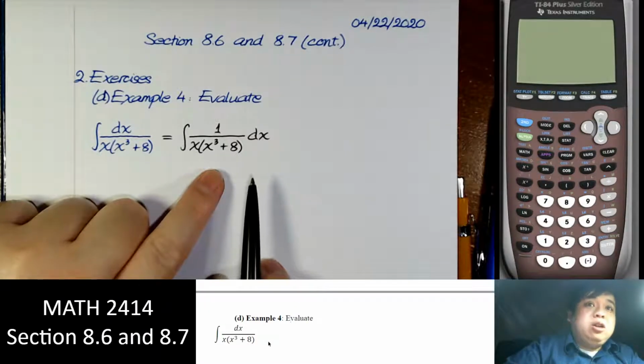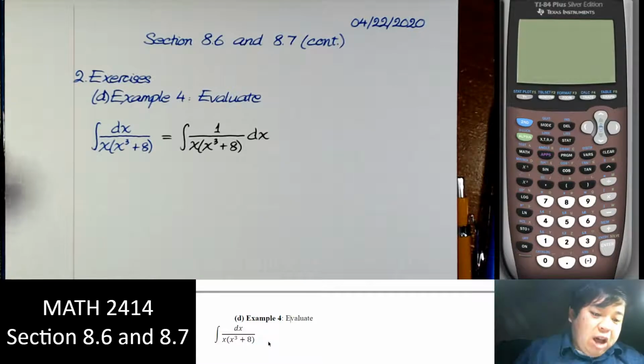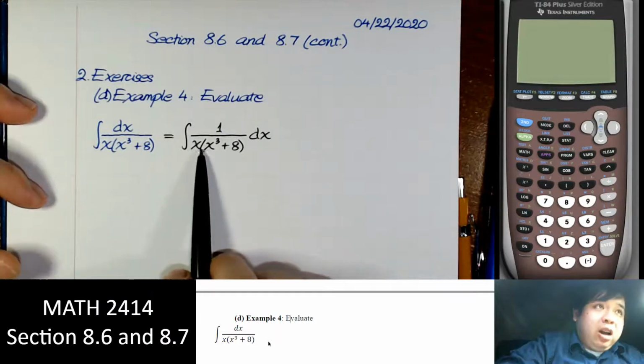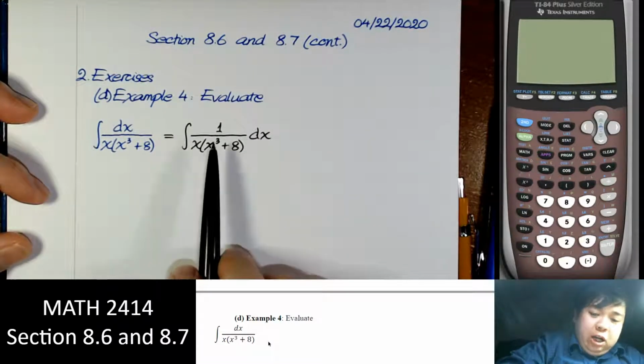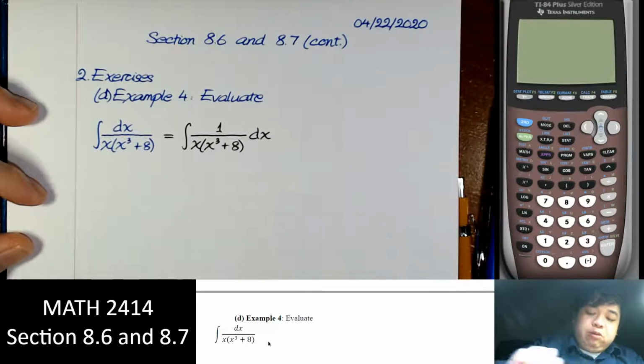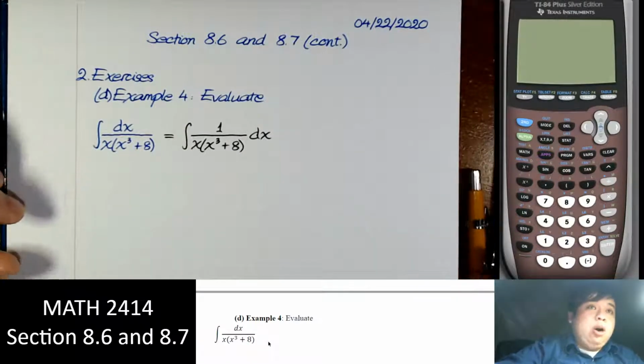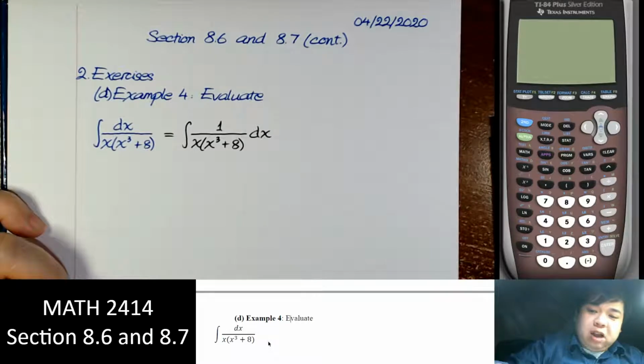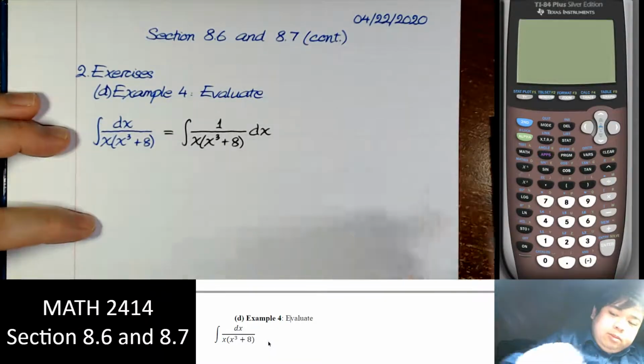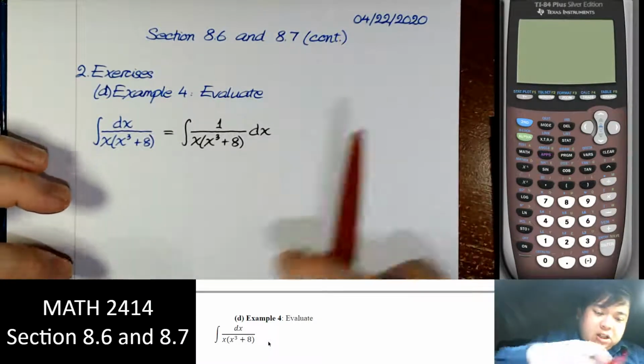Remember, in partial fraction we only have linear or quadratic factors. This is a cube, so we have to break this down further. This is the sum of two cubes.